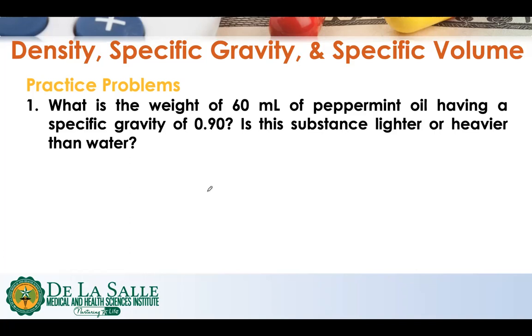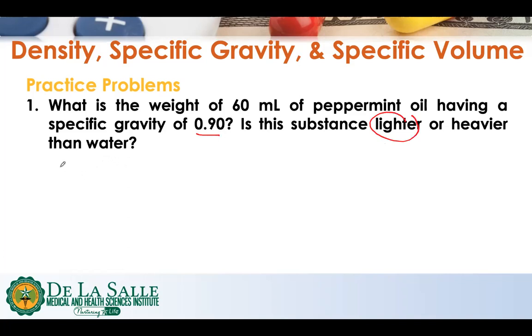Is this substance lighter or heavier than water? Now let us first answer the second question. Is this substance lighter or heavier than water? Because the specific gravity is less than 1, we can say that the substance is lighter than water.